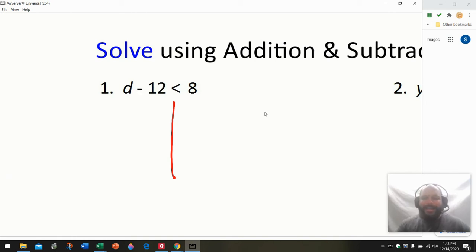So I need to undo subtracting 12 by adding 12 to both sides like this. In doing that, these two 12s cancel, and I'm simply left with d, and then 20 on this side, and then this inequality sign just drops down. And so you can see that I have d is less than 20.